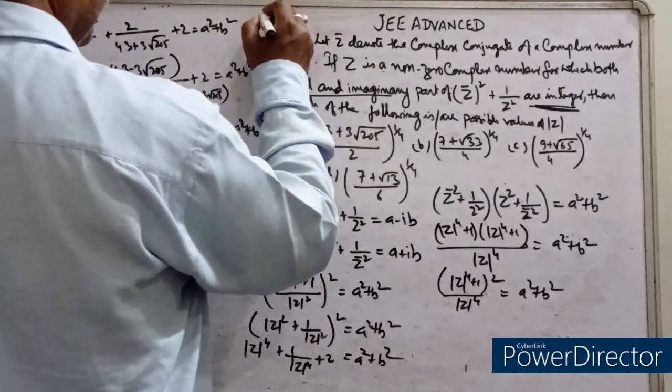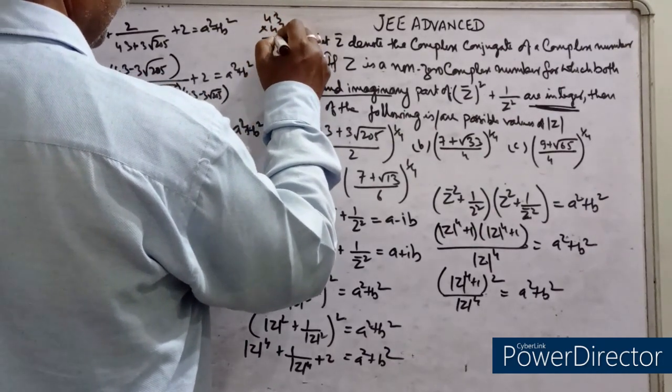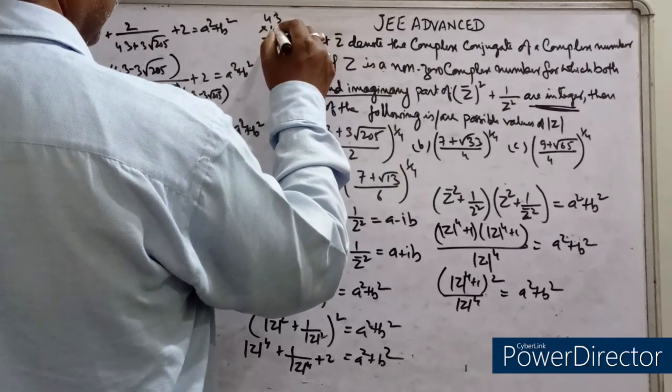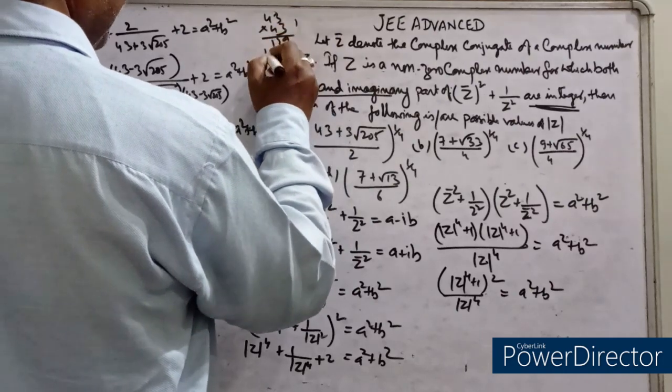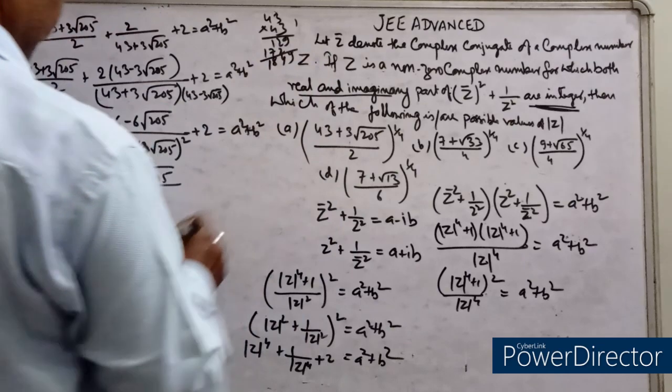How much will 43 square be? 43 into 43: 3 threes are 9, 3 fours are 12, 4 threes are 12, 4 fours are 16, so 1849.